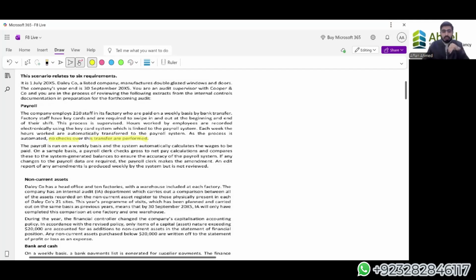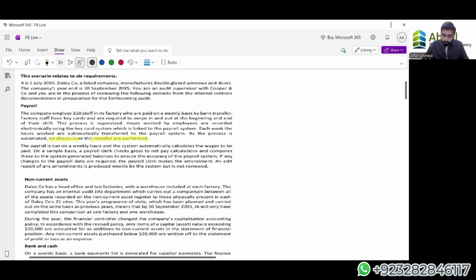If there are no checks performed on the transfer of hours worked from the key card system to the payroll system, payroll records might have some hours recorded erroneously. There might be systems where no one is supervising and the hours worked are overstated. And this could lead to an overpayment of payroll. So what is the risk here?